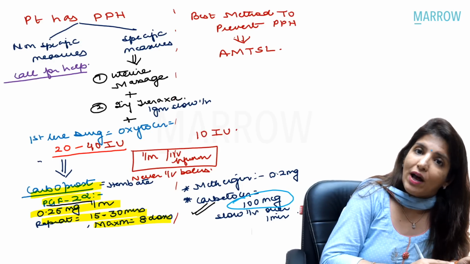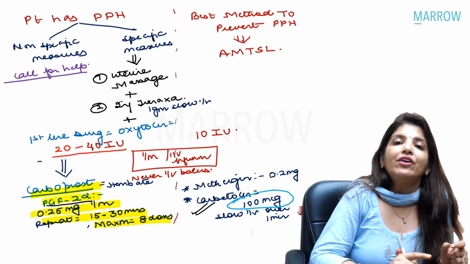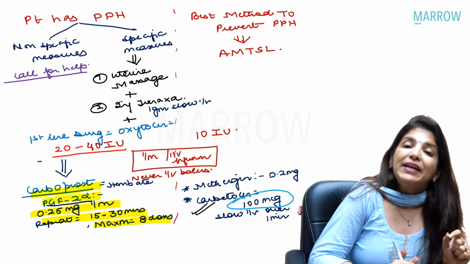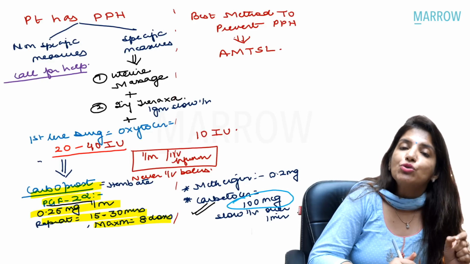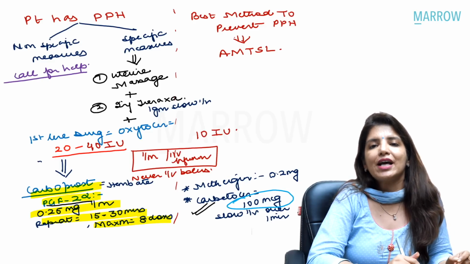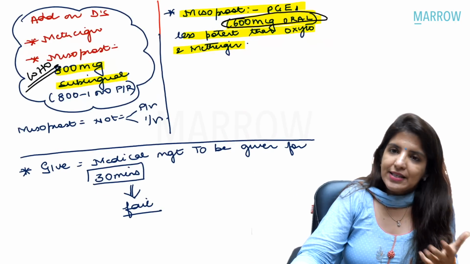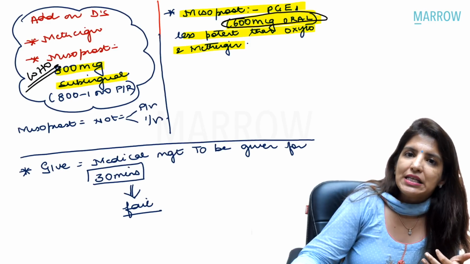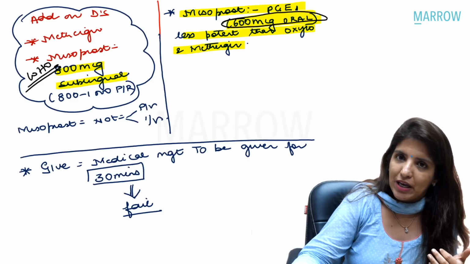Carboprost is PGF2 alpha and its dose is 0.25 mg, right? 250 micrograms, if you want to remember in micrograms. But carbetocin is synthetic oxytocin whose dose is 100 micrograms and it has to be given slow IV over 1 minute. Right. Then, as I told you, you can also use misoprostol, and the dose of misoprostol is 600 micrograms orally in case of preventing PPH. Right?